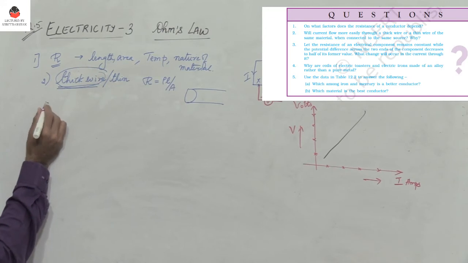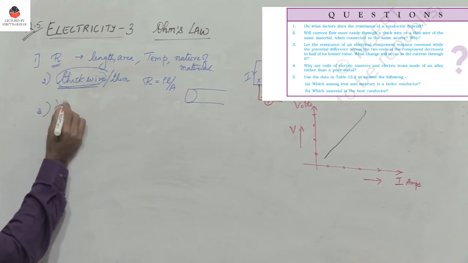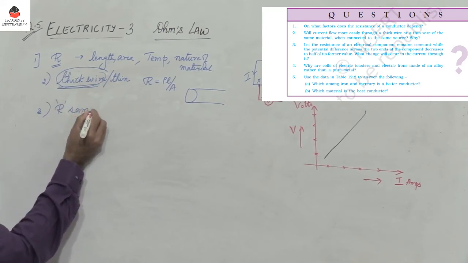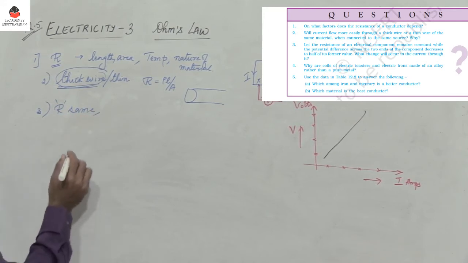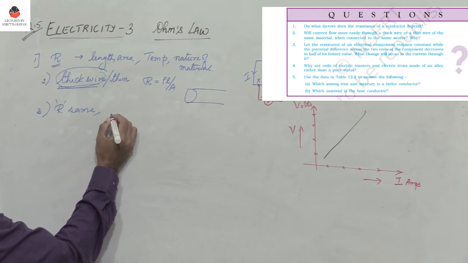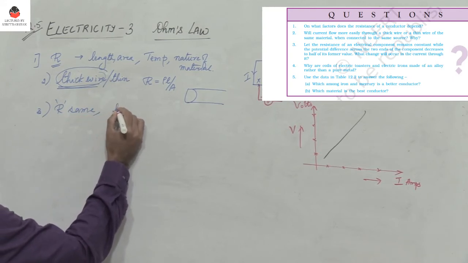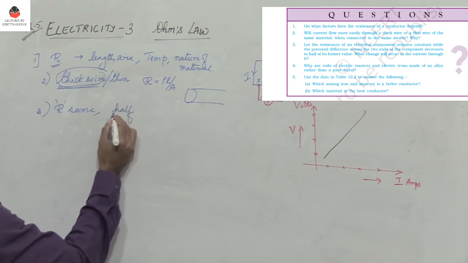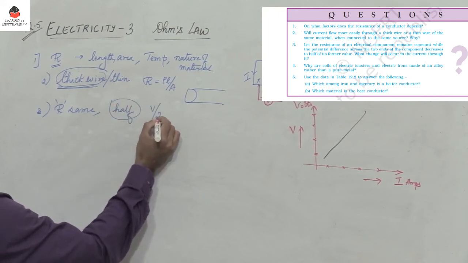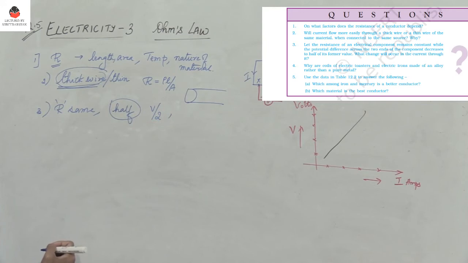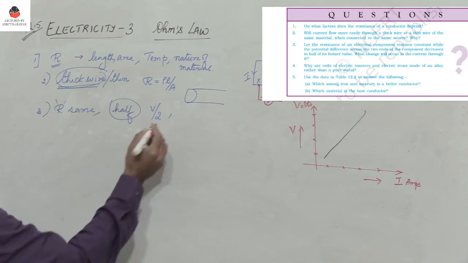The third question: the resistance remains the same while the potential difference between the two components is reduced to half. So the potential difference is reduced to half, that means it has become V by 2. What change will occur in the current?